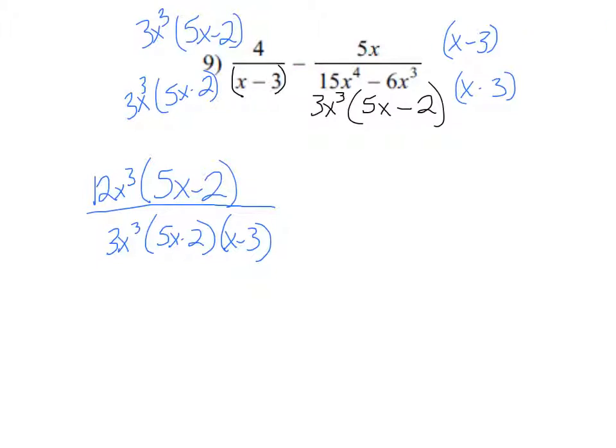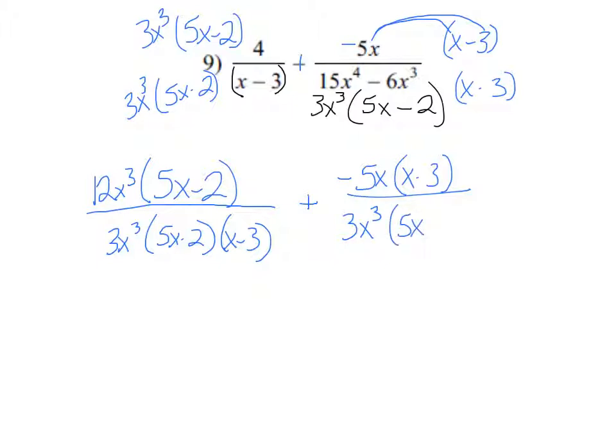So the best way to handle that is to change this to a plus a negative. Then I'm going to end up distributing a negative 5x through that quantity there. Just to keep it at the same level as the left side, I'm going to put a plus here, and I'll leave it for right now, a negative 5x and an x minus 3. I could have distributed it, I'm just going to do it all in one shot on the next step. Same denominator.